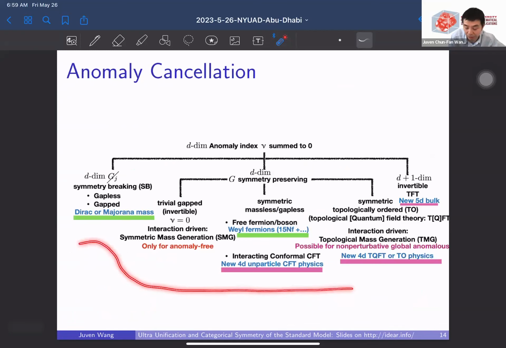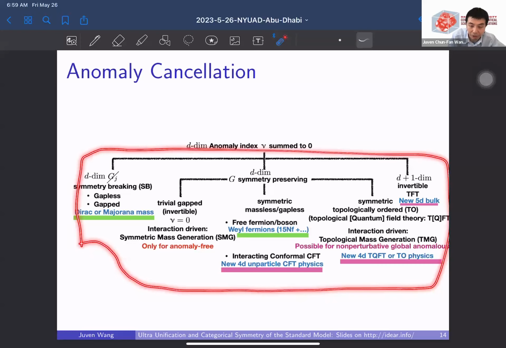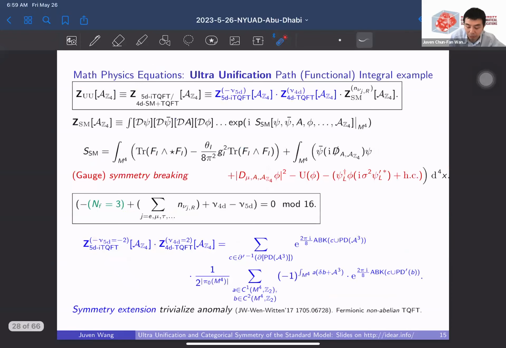We do have this whole possible scenario in play, but then the topological forces will be important. And there is some discussion of how to write the standard model coupled to these new sectors. I don't have time to go into that, but it involves some TQFT sectors, and there is something like a BF type of theory, but it needs to be fermionic, so it is more subtle.